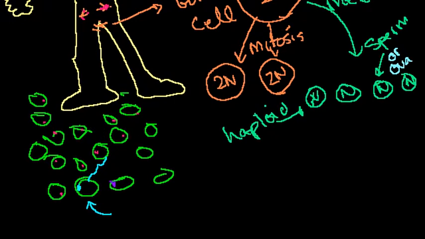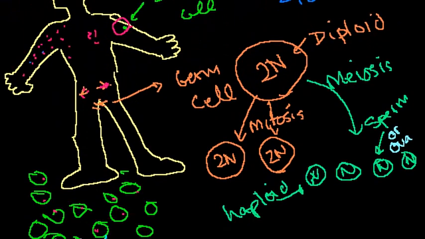So anyway, I wanted to introduce you to these ideas. The main ideas are really some of the vocabulary. Haploid, diploid. It's very confusing when you first learn it, but it literally just means half the normal complement of chromosomes, and in the case of humans, that would be 23. And the cells that have a haploid number of chromosomes are our gametes, which are sperm cells for men, and ova, or egg cells, for women.